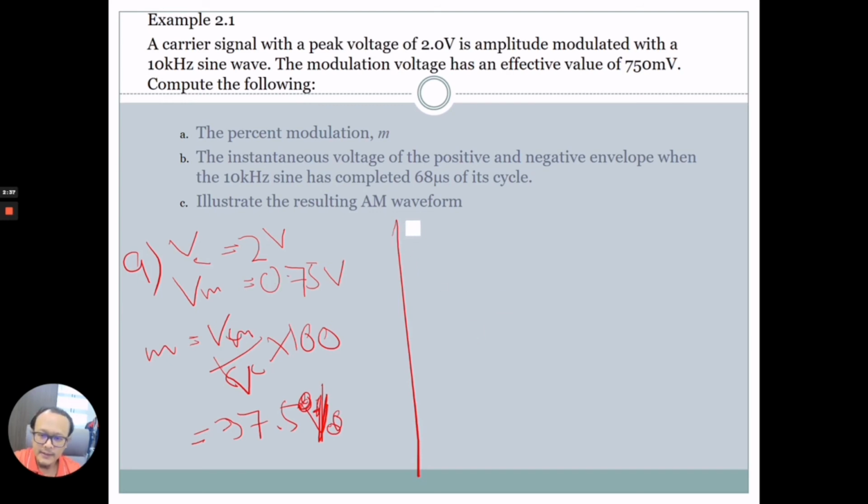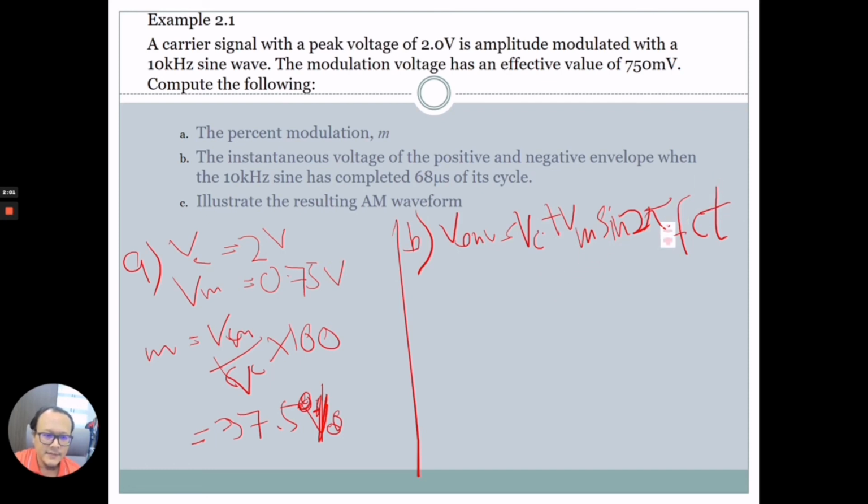And then B. We need to find the V envelope. So V envelope is equal to Vc plus Vm sine 2 pi Fc t.